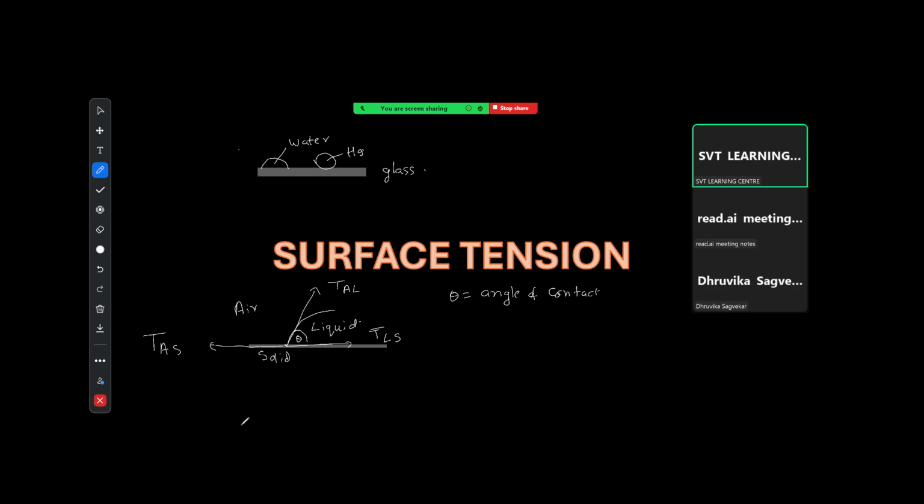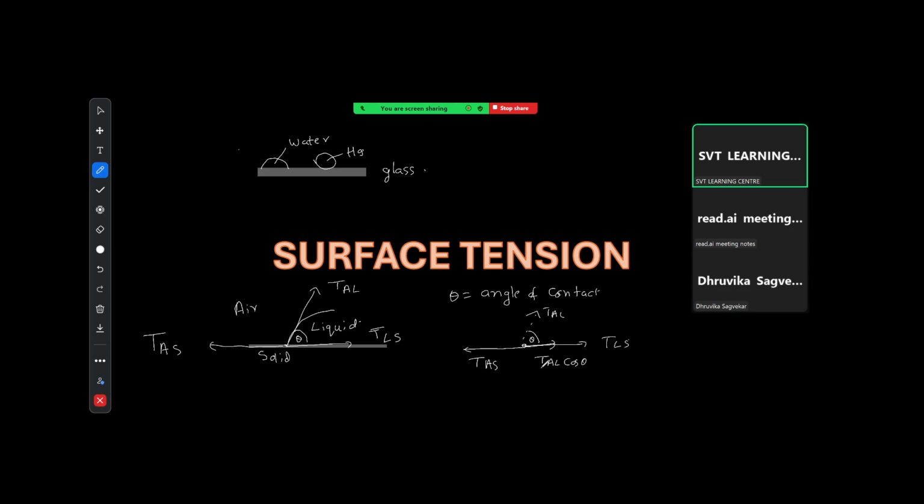Okay. Now, if you resolve the forces at this point, this force is very clear, this is TAS. Another force on the right is very clear, that is TLS. Now, we take the component of TAL, and that comes out to be TAL cos theta.